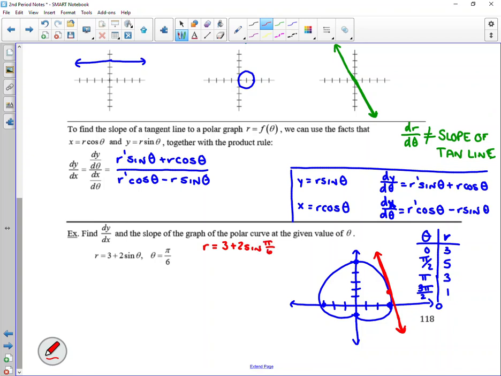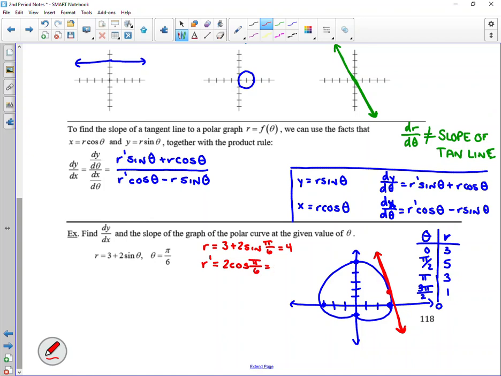at pi over 6. So sine of pi over 6 is 1/2. 3 plus 1 is 4. So my r is 4, right? I like to figure out r prime. What's the derivative of 3 plus 2 sine theta? 2 cosine theta, and we can plug in pi over 6.